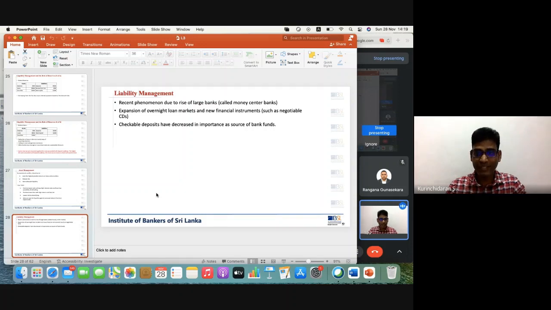You can borrow at any time, right? And due to the growth of those kind of banks, you can even get loans or borrowings on an overnight basis as well.